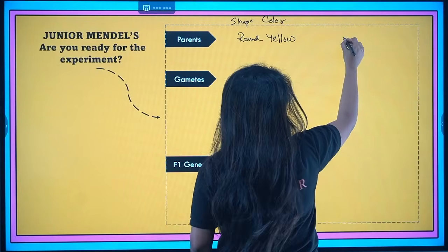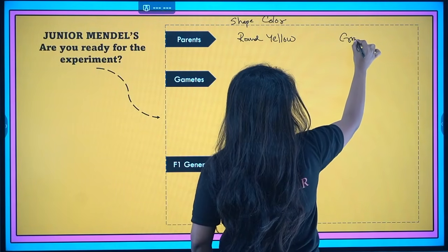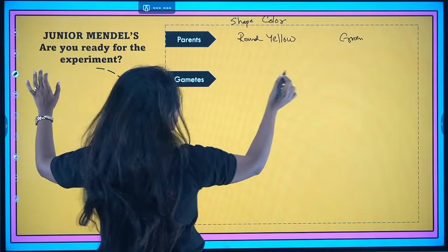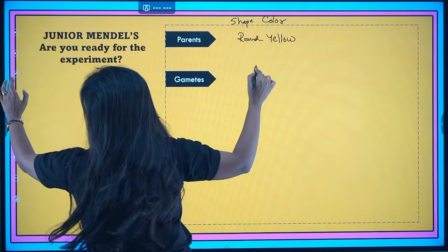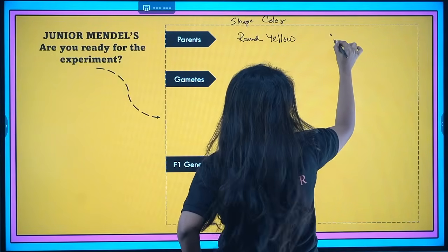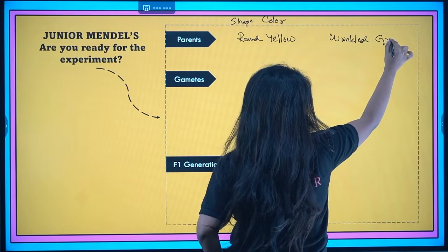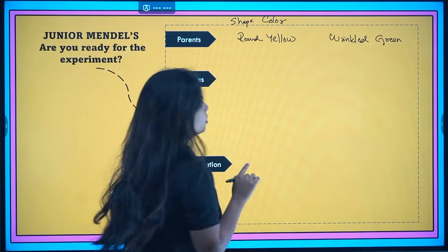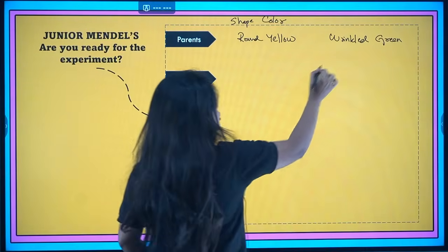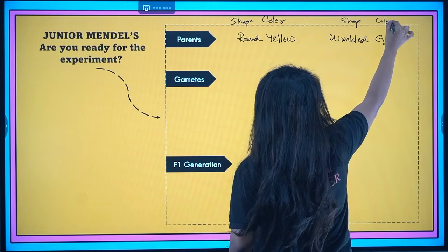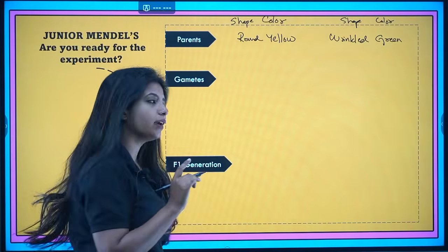Similarly, over here I am taking wrinkled and green. So round and yellow, and wrinkled and green. Here also, this is the shape, and this is the color. Agreed? Agreed, ma'am. Okay, fine.